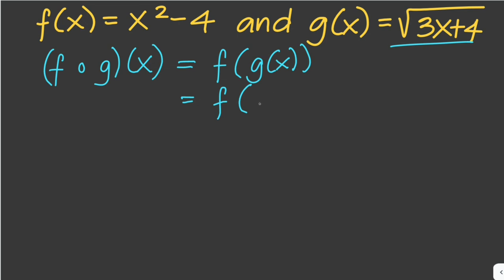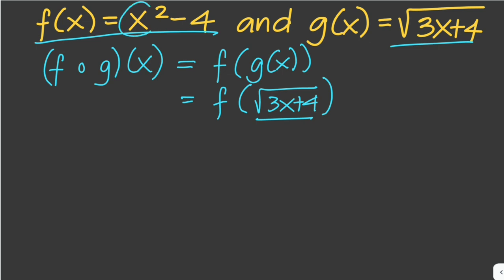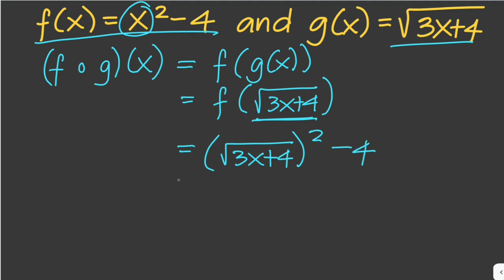Our g of x is square root of 3x plus 4. So in function f of x, the value of x will be replaced by square root of 3x plus 4. So this would become square root of 3x plus 4 squared minus 4.